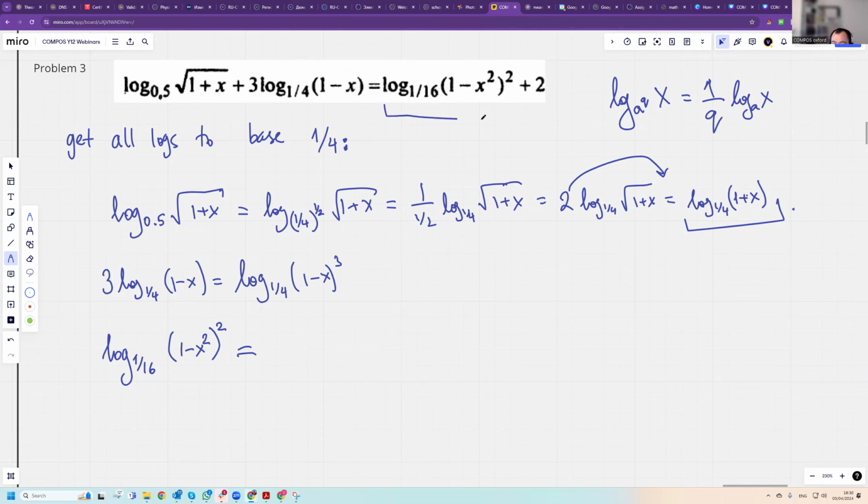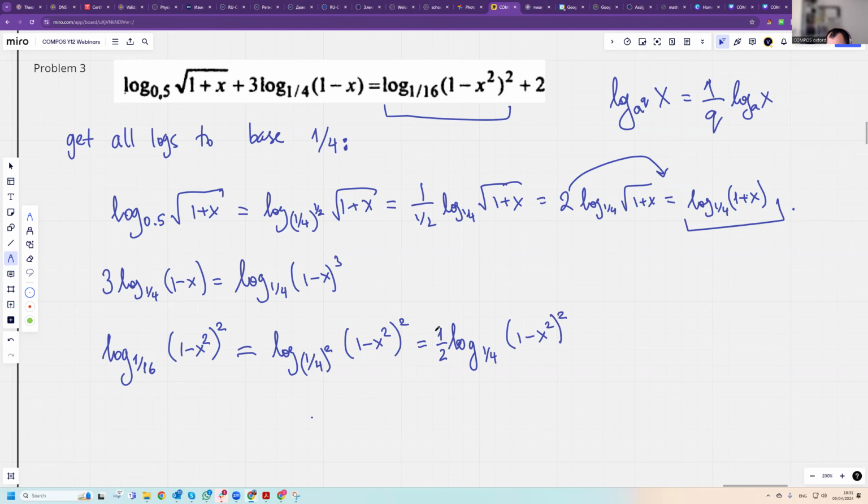So we're taking this term. All right, so we're using the same principle. So log base a quarter to the power 2 of (1 minus x squared), 2. This is going to be 1/2 log base a quarter of (1 minus x squared), 2.